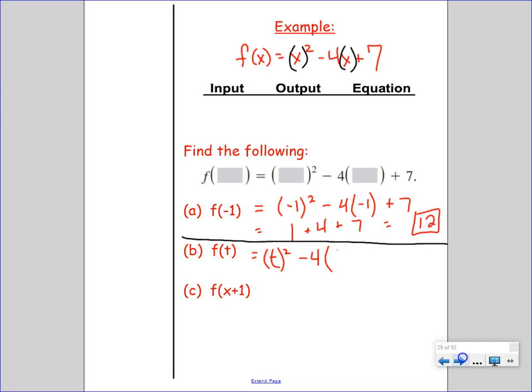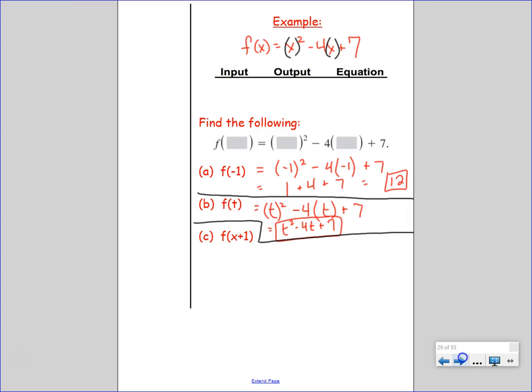T. It gets inputted, right? How hard is it to simplify that one? Not hard. So we just have t squared minus 4t plus 7. Sometimes in function notation the output is another equation, and that's totally fine.